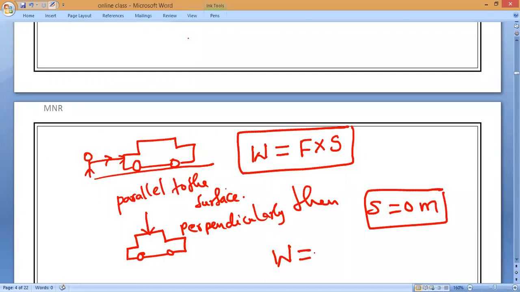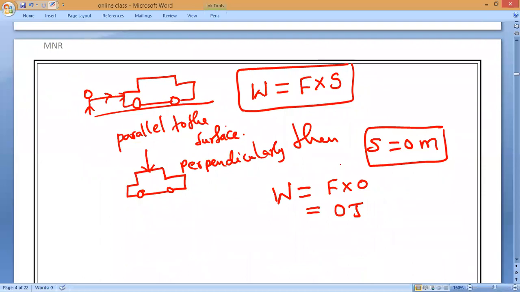Force is there, but displacement is 0. So what is the answer? Work done is always 0, because there is no displacement if the force is applied perpendicularly to any surface.